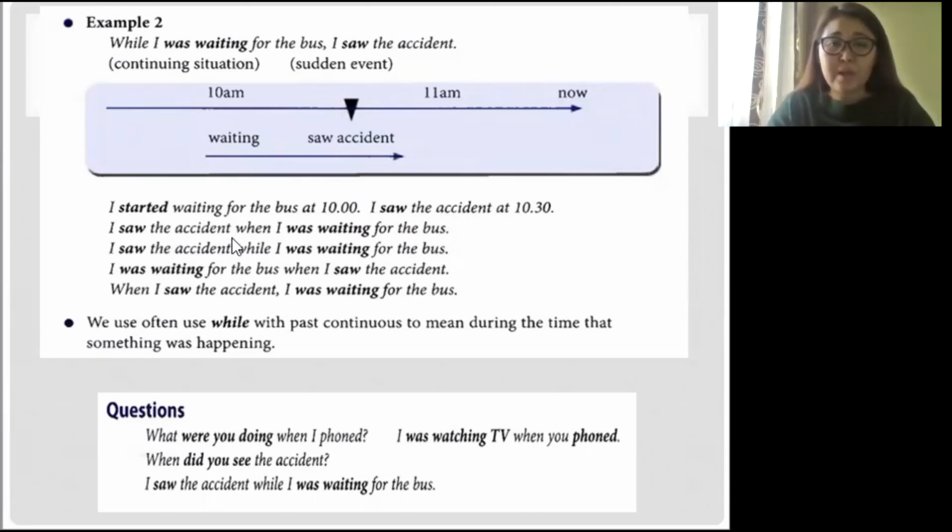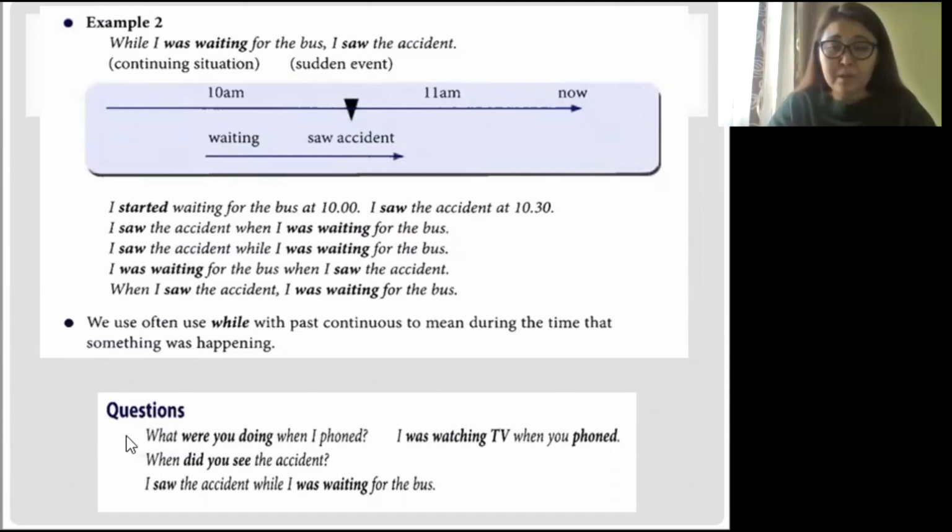So, I saw the accident when I was waiting for the bus. I saw the accident while I was waiting for the bus. Or you can say, I was waiting for the bus when I saw the accident. Or when I saw the accident, I was waiting for the bus. So, in sentences of this kind, we often use while with the past continuous to mean during the time that something was happening.